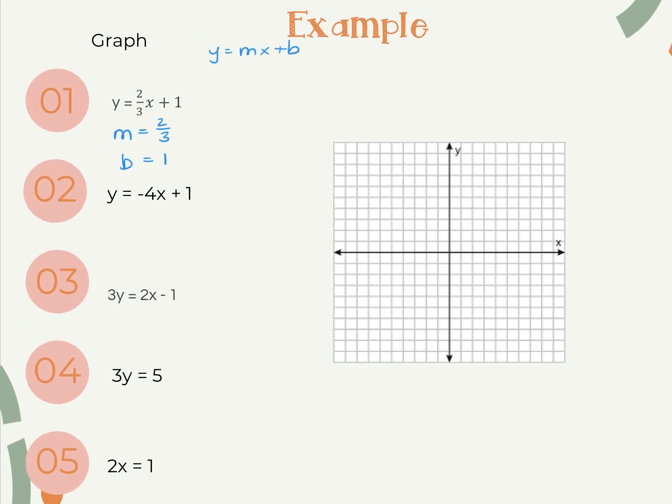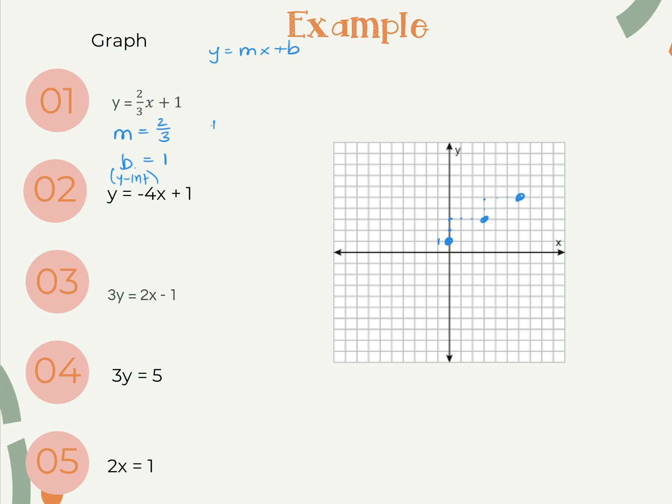How I start here is I go to 1, and that's my first point. That's where the graph crosses the y-axis. Remember, this is my y-intercept. And then my slope is 2/3, so I go up 2 and 3 to the right. A rise of 2 and a run to the right of 3.